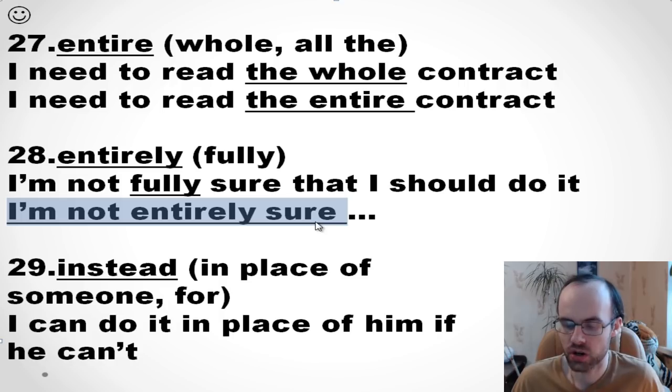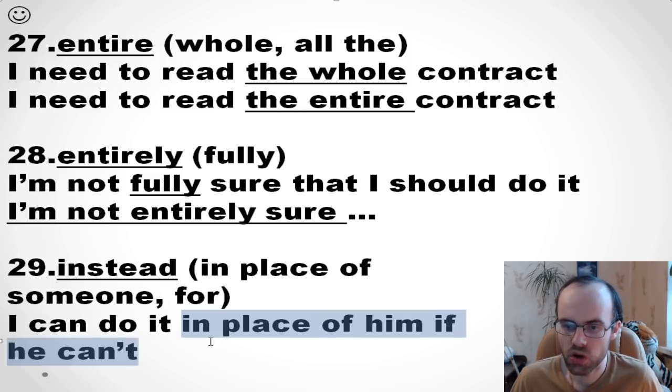I'm not entirely sure. Good. Instead, it means in place of someone, or "for." I can do it in place of him if he can't. So you see, in place of him, or it means for him.